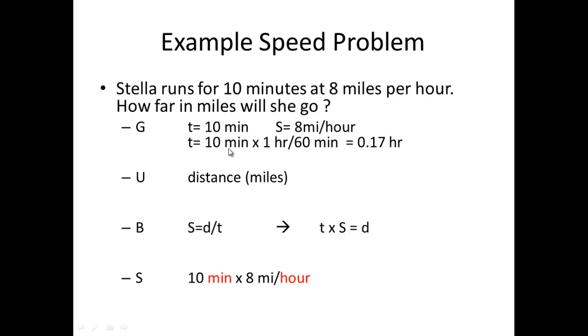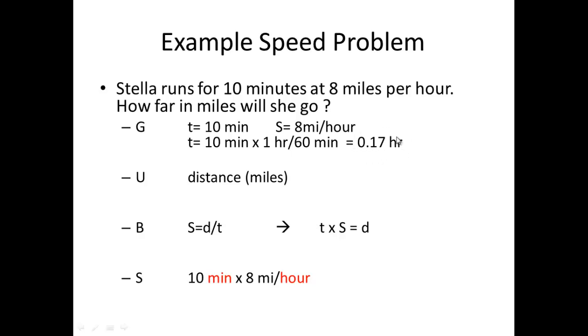So we take our time of 10 minutes and we use our conversion factor of 1 hour over 60 minutes because there are 60 minutes in 1 hour. So we take 10, divide it by 60, and we get 0.17 hours. So what that's saying is that 10 minutes is equal to 0.17 hours.